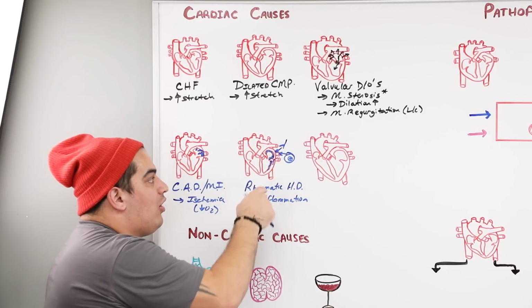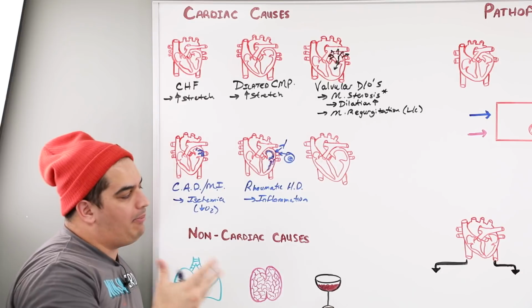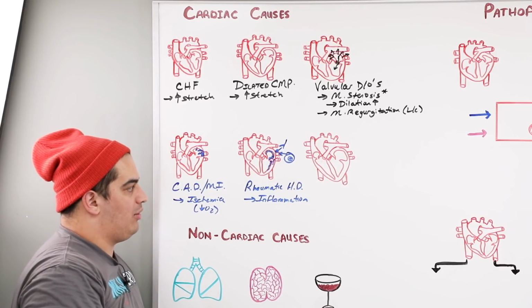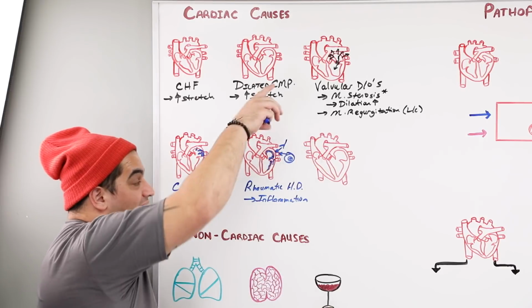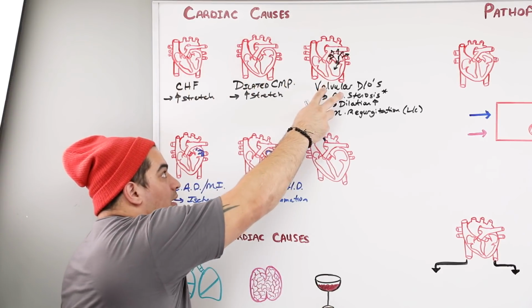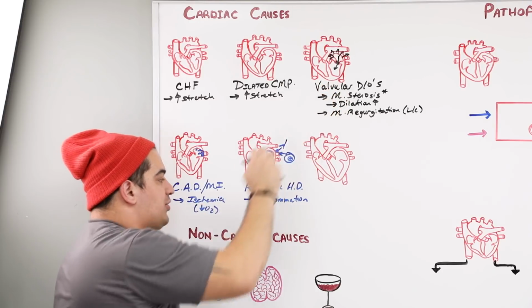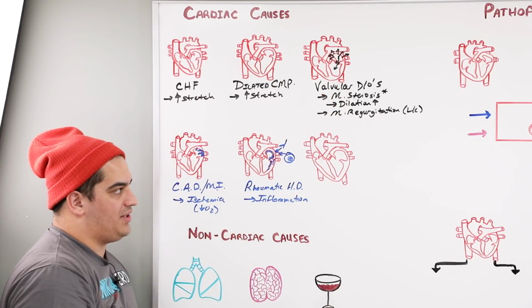Or you can have rheumatic heart disease that causes enough inflammation, enough to agitate the atria, and again, potentially trigger atrial fibrillation. But again, inflammation sometimes may be related to mitral stenosis, which then leads to that. But either way, we got CHF, dilated cardiomyopathy, valvular disorders, particularly mitral stenosis, coronary artery disease or MI, and then we got rheumatic heart disease.